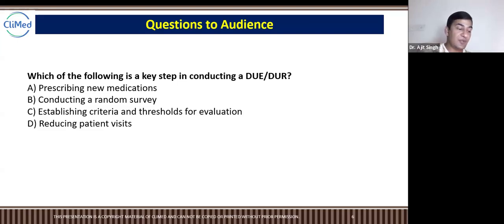Yes, guys, looking for the answer. B and C. Why C and why B?